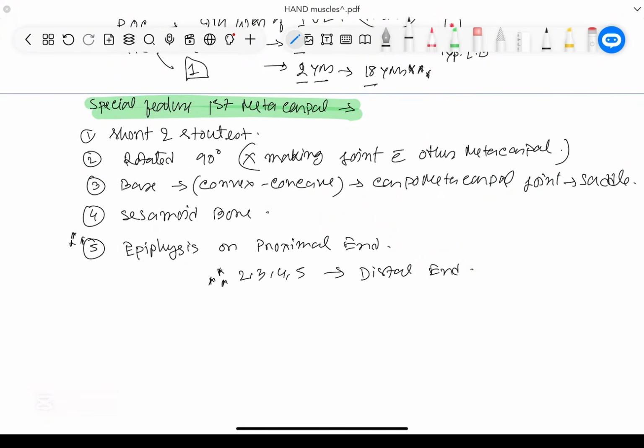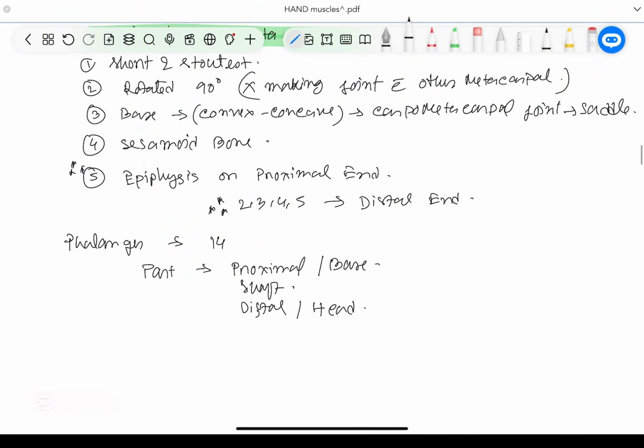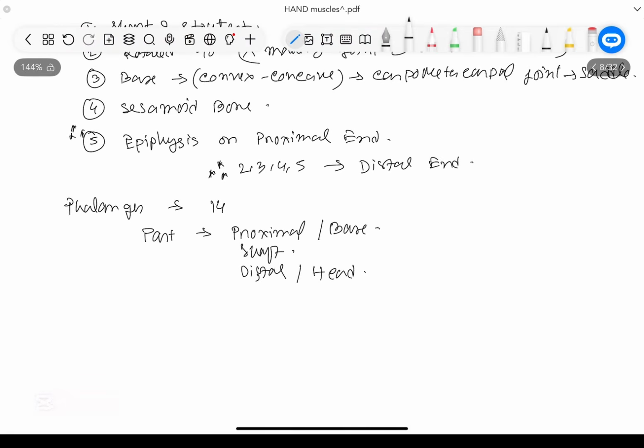Now, related to the phalanges, what information do we have to remember? As I said, the total number of phalanges is 14. For each finger there are 3, except the thumb which has 2. The parts are the same: proximal end, or base, then shaft, then distal end, or head.